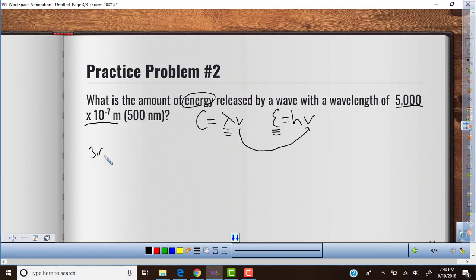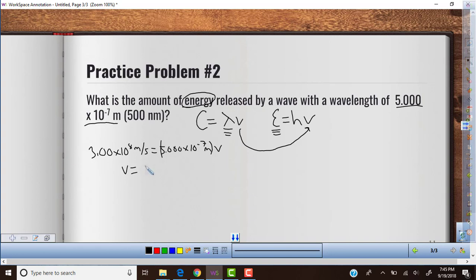So we have 3.00 times 10 to the 8th meters per second is equal to lambda, which is our wavelength, 5.000 times 10 to the negative 7th meters. And our unknown is our frequency. Well, we can use some algebra here and actually solve for our frequency.